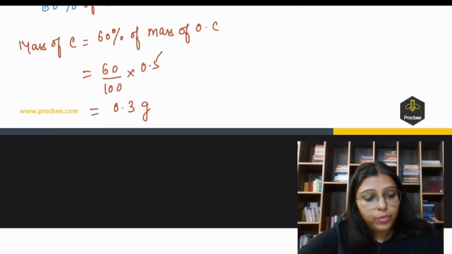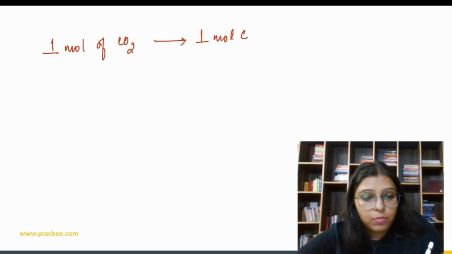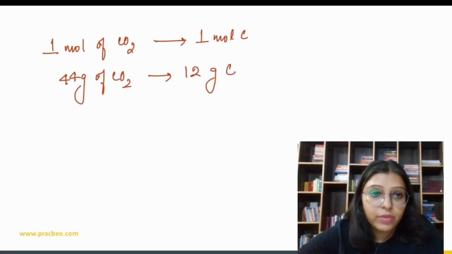Now, we know that 1 mole of CO2 consists of 1 mole of carbon. 1 mole of CO2 means 44 gram of CO2. So 44 gram of CO2 has 12 gram of carbon.